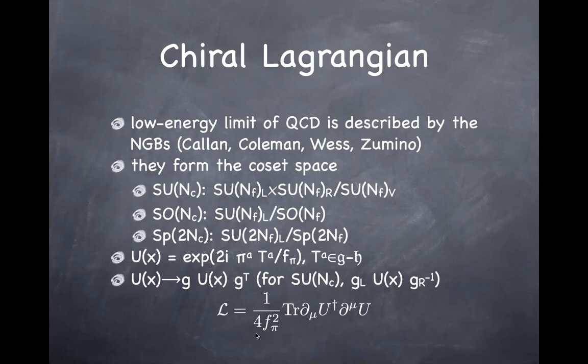And already at the leading term, because the exponential has any higher powers in pi^a, this Lagrangian already contains interactions among the Nambu-Goldstone bosons pi^a. So this Lagrangian in particular would make a prediction on how Nambu-Goldstone bosons will scatter against each other in the low energy limit. And that's something you can also compare to experimental data. How the pions scatter against each other is something you can measure experimentally.